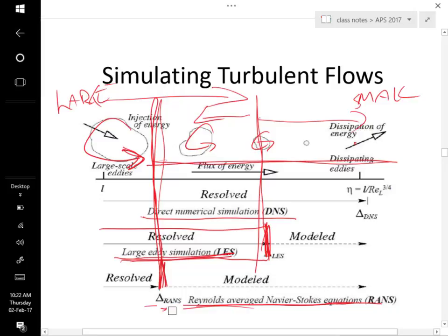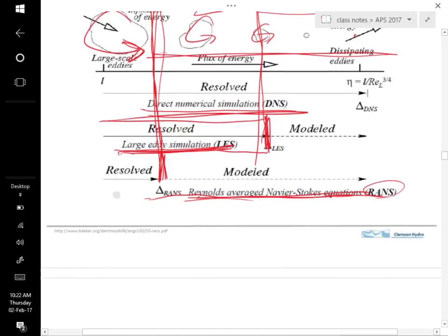I'll show you an example of these two, large eddy and direct numerical. We'll be working with this one, the RANS, or Reynolds averaged Navier-Stokes, but I'll show you these two others that are more computationally intensive.